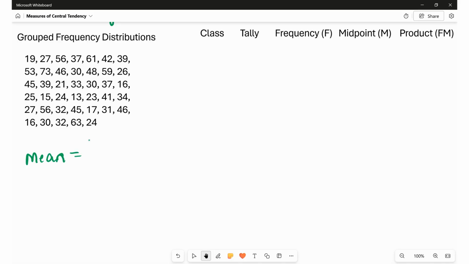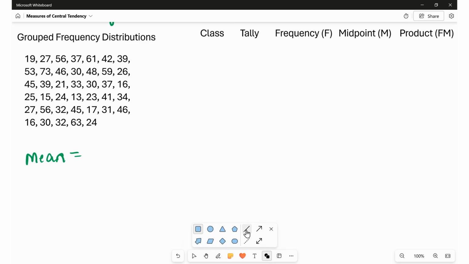Well, who really wants to add up all of these values and then divide by the number of values? Like, even if we have a calculator, that's a lot, okay? So what we can do, though, is set up what is called a frequency distribution table, okay?